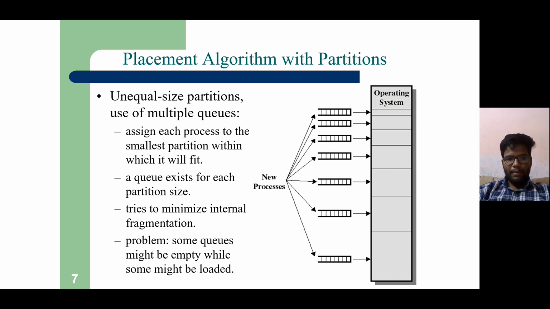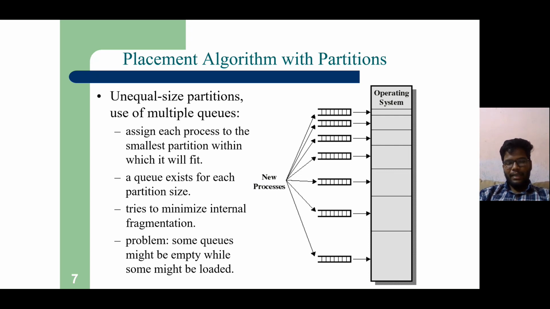Unequal size partitions use multiple queues. Assign each process to the smallest partition within which it will fit. For example, take three partitions of 100, 150 and 200 MB. If the process size is 90, it will fit into both the 100 MB and 150 MB partitions, but it will be loaded into the 100 MB partition because it fits well there, where the only wastage is 10.